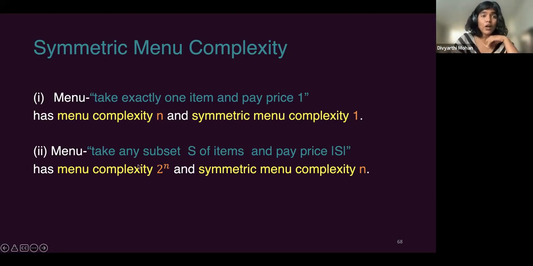Again, here the menu complexity is actually exponential, but the symmetric menu complexity is linear, because instead of listing out all the 2 to the n possible subsets, all you have to do is have one option for each size and allow all the permutations, which will capture all the different subsets at the same price. So the menu complexity here is 2 to the n, but the symmetric menu complexity is just n.